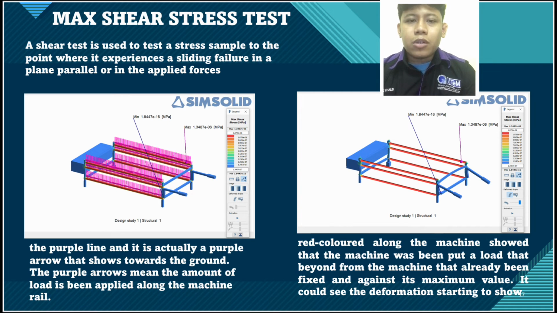The next picture also shows the red color along the machine, which shows that the machine has been put under a load beyond its fixed maximum value. We can see the result after the machine has been put under the maximum load. The deformation starts to show at the handle part.